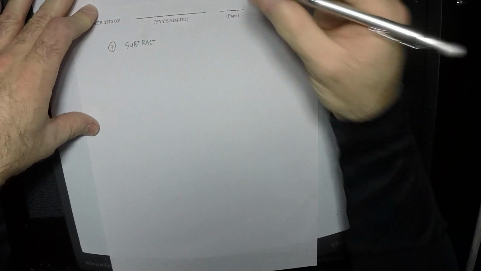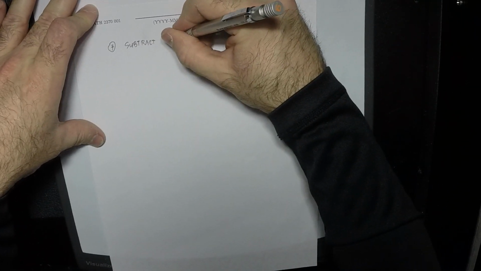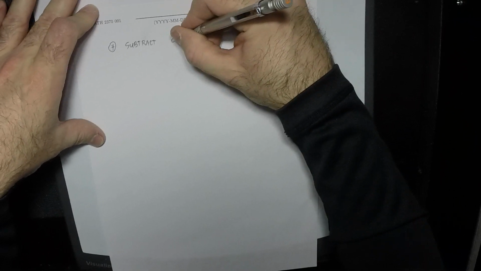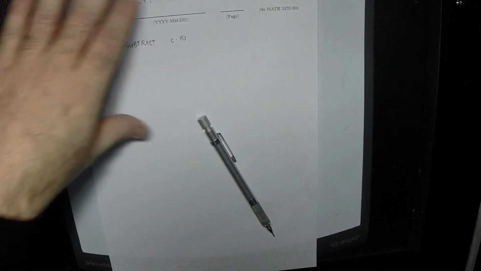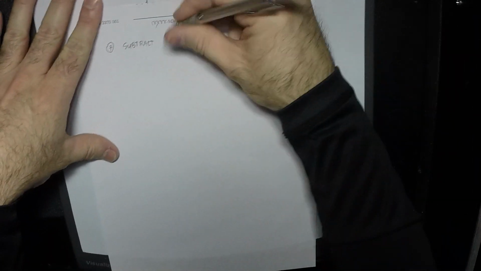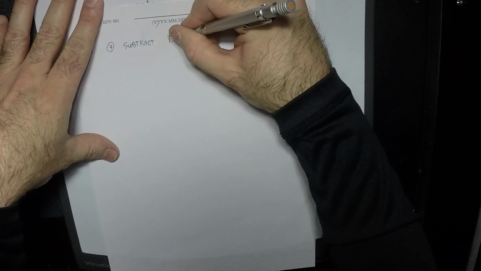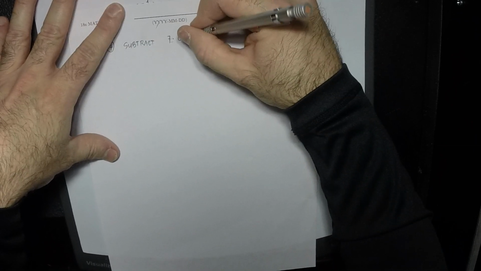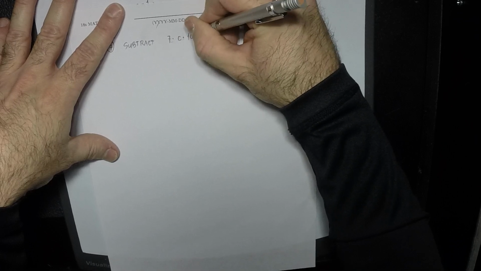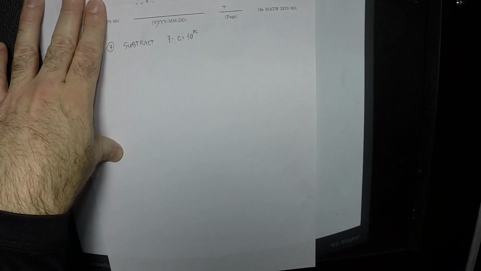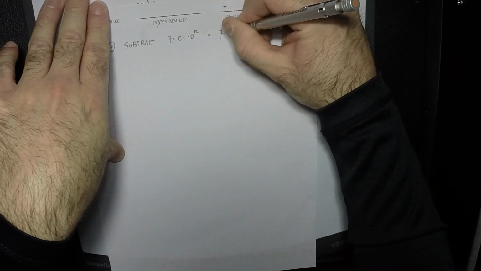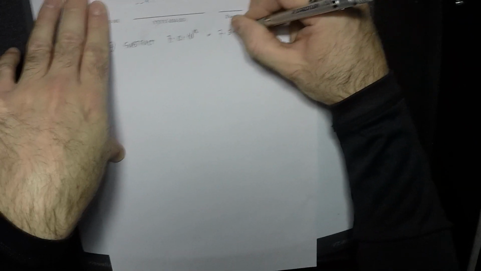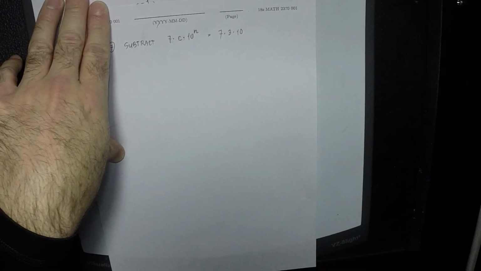So specifically, we're going to subtract 7 multiplied by C multiplied by 10 to the exponent n, which is 7 multiplied by 3 multiplied by 10, because n was 1.